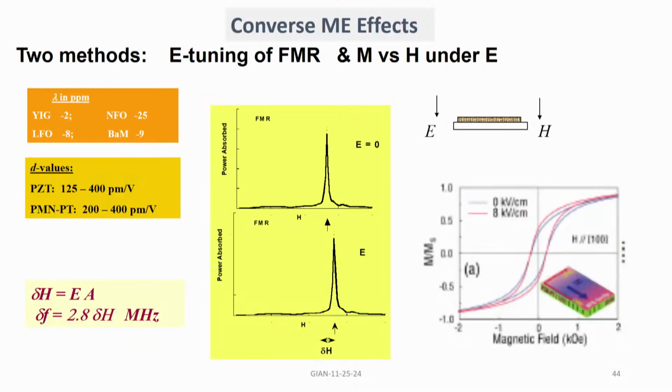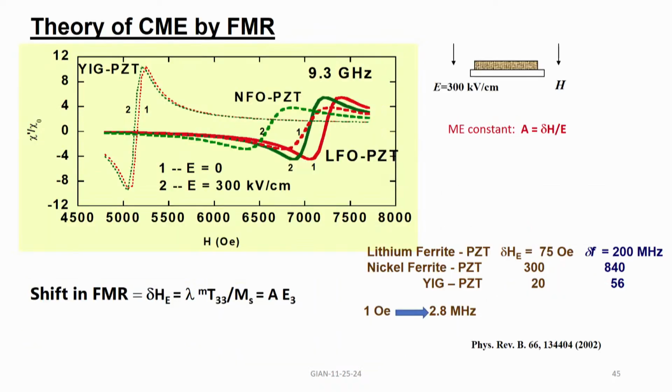One is you can fix the static magnetic field, scan the frequency, you will see the resonance. Okay. The second option is you can fix the frequency of the microwave, then scan the magnetic field, then you can see the resonance as an absorption here. In most of the cases, what we do is we don't measure the power absorbed, we measure the derivative of the power absorbed. So that would show up as this one here.